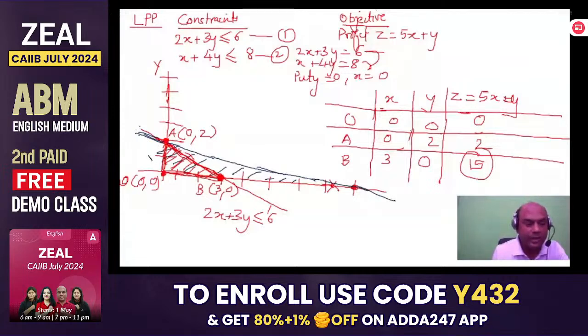I'm moving this Z line through these 3 points, and then checking where I get the maximum value. Here I'm getting the maximum value, so this becomes my optimum solution. This way this numerical is solved. Got it? Who had this doubt? Someone, I think, had this doubt.